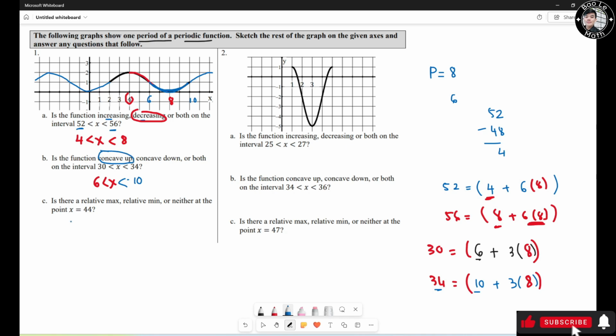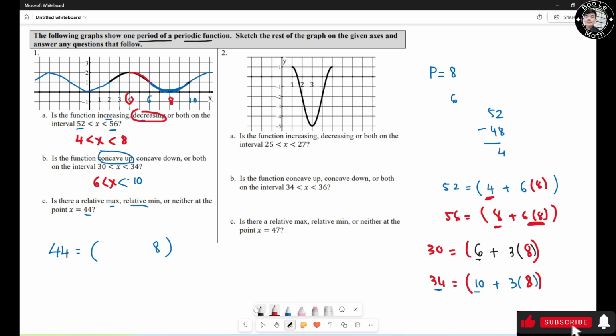Now, is there a relative maximum, relative minimum, or neither? x equals 44, right? So 44 can be written as, rewrite the period right here, right? Alright, so how many times does 8 go into 44?